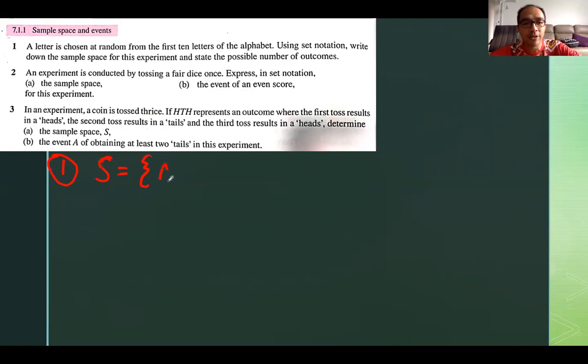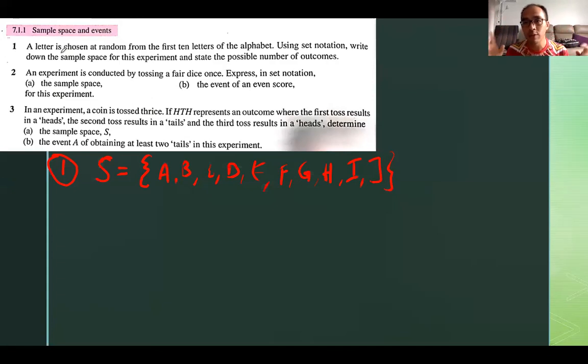But we're going to use A, B, C, D, E, F, G, H, I, J. So this is our sample space, because the question says a letter is chosen from the first 10 letters.